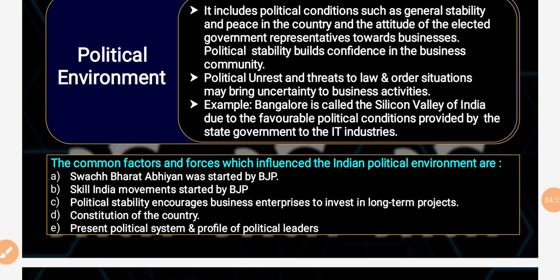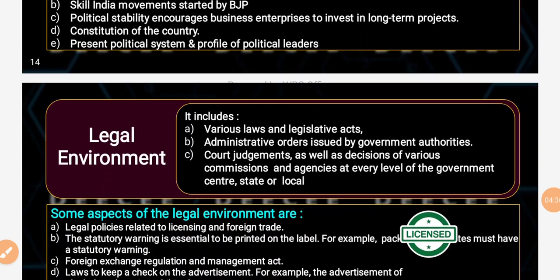Or we can say the example, announcement of Swachh Bharat Abhiyan by the BJP government, or PM Modi has announced Startup India, Skill India policy. So these are examples of political environment. Political environment is basically the announcements made by the current government.